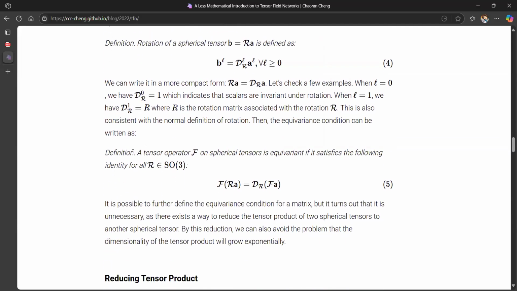Okay, so here they have a definition. A tensor operator F, a spherical tensor, is equivariant if it satisfies the identity for all rotations. That's the same as the definition of equivariance in general form, but here we explicitly show what is the right guess for our transformation.